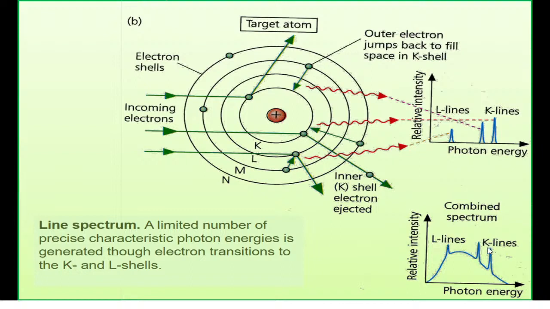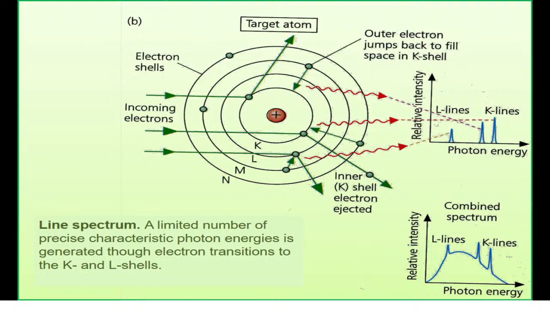These L and K lines are determined by the material of the target. So that is why this line spectrum should be considered as the characteristic spectrum representing the material of the target.